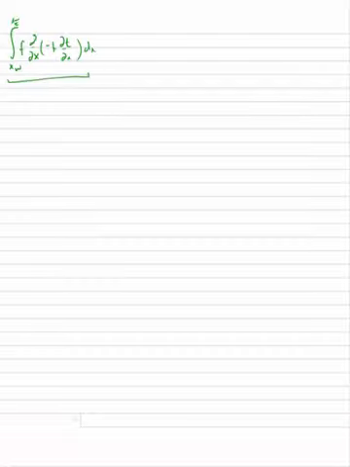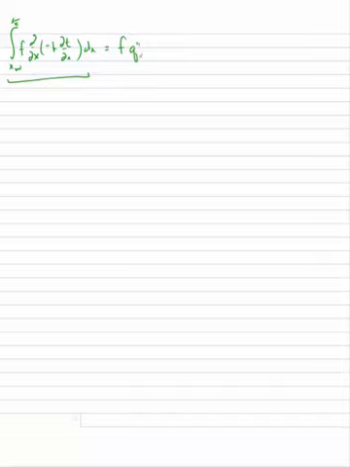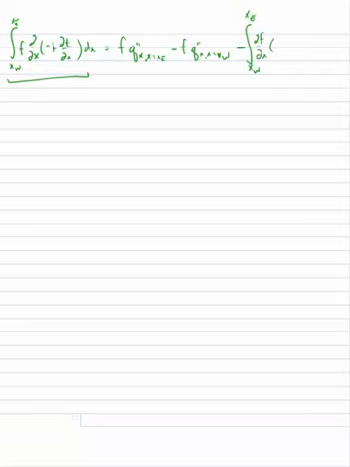This is what we started with, and we've now broken it into f times the heat flux in the x direction at x equals x east, minus f times the heat flux in the x direction at x equals x west, minus this new term, which is the integral from x west to x east of df/dx times minus k dT/dx dx. So we can substitute this back into our original double integral.